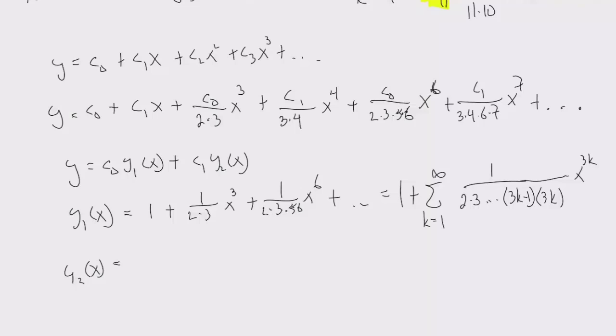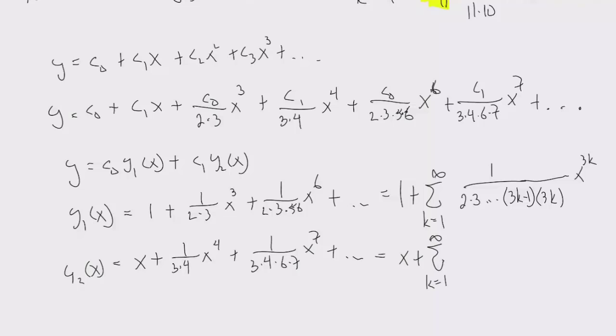which again are all focused around the C1s. So the C1s, we would have an x plus 1 over 3 times 4 x to the 4th plus 1 over 3 times 4 times 6 times 7 x to the 7th plus dot dot dot, and then we can try to simplify that.